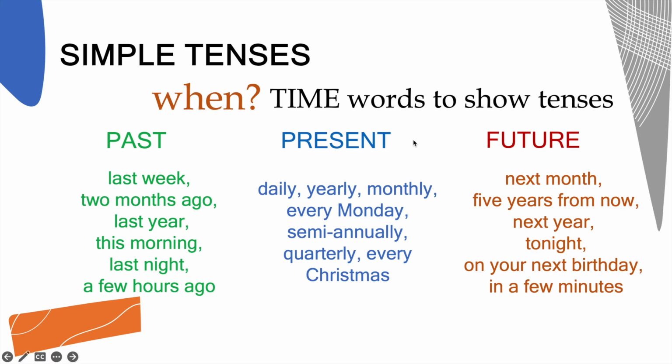Let's move on to the time words for the present tense. I mentioned earlier that for the present, it's every day. If you notice, most of these time words for the present tense end in ly. Every day is synonymous with daily.